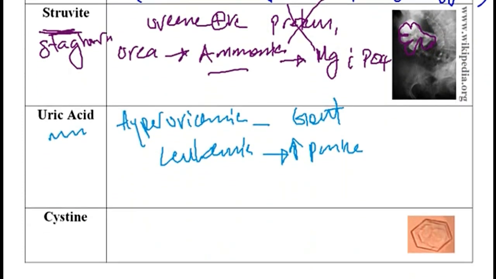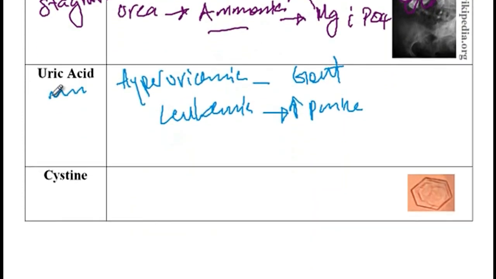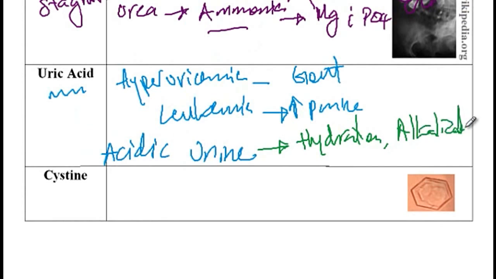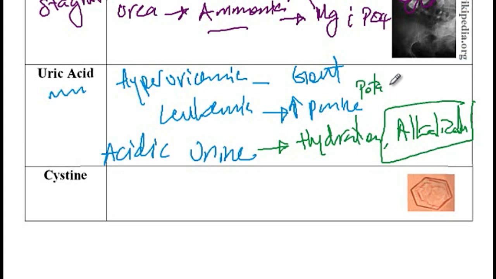Also, acidic urine is another cause of uric acid stone development. And so the treatment of these patients includes hydration, as well as the alkalization of the urine, which can be done with potassium bicarbonate.